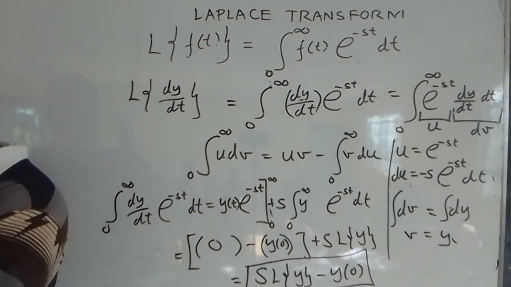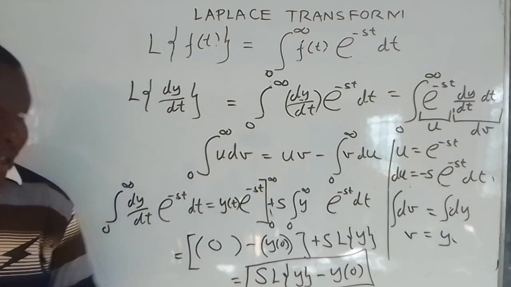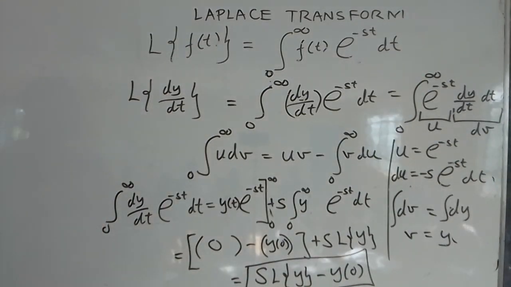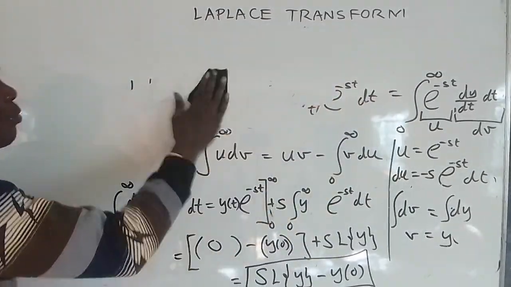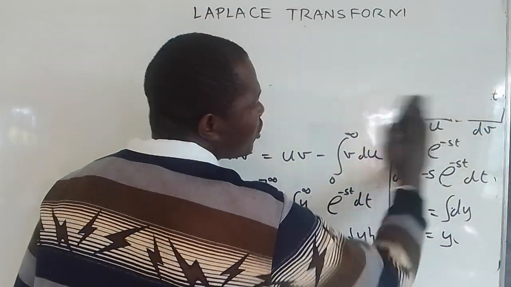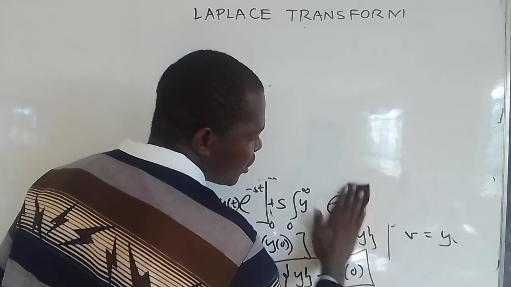That is why it is good to know how it comes about, isn't it? So that when we are going to use it, we are very conversant with it. So after this, y of 0, how does it come about? This y of 0 is what it means, because you will be given the boundary conditions when you want to solve a differential equation, isn't it?